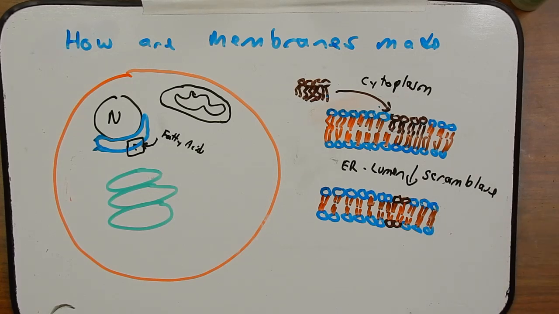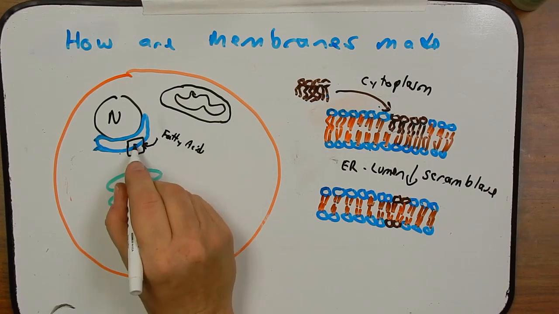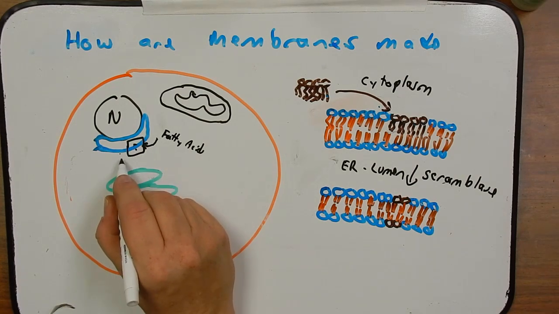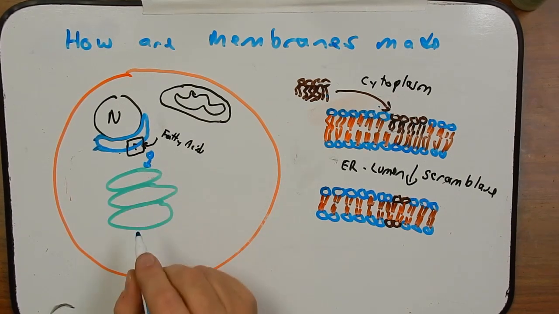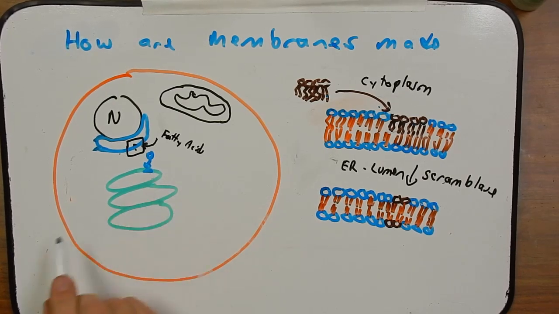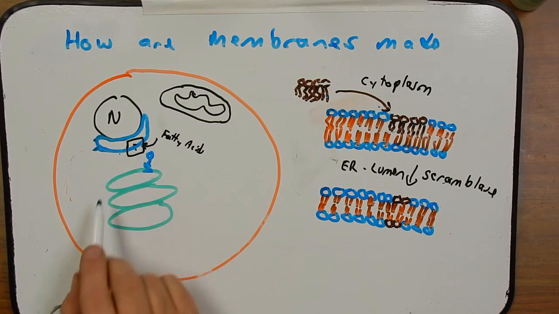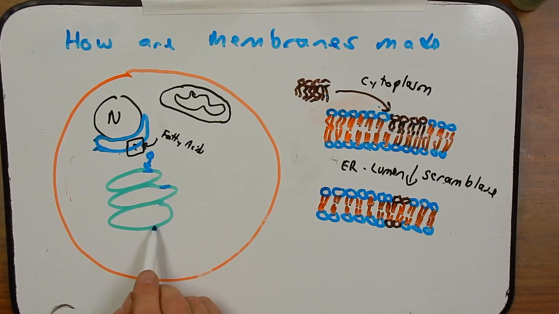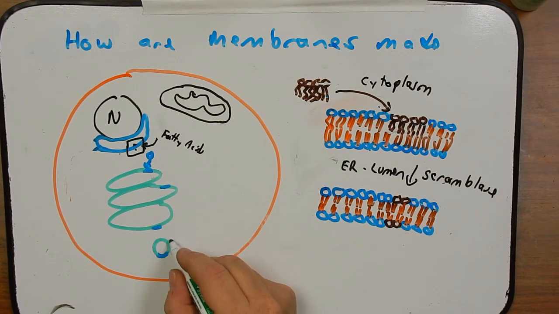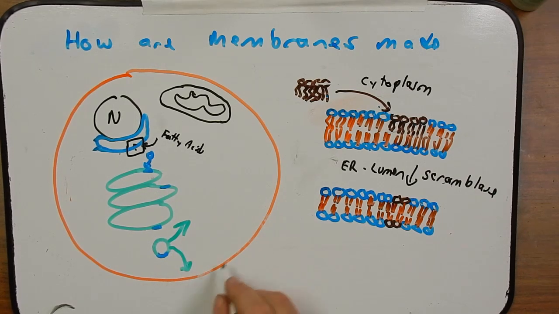However, we know, if we go back to this drawing here, that these membranes will get pinched off here and form a vesicle and get transferred here. And now on the Golgi, we will have some of the ER membrane. And at some point, this part's going to get perhaps pinched off, but it forms a new vesicle. Now this vesicle, it may have a destination to some part in the cell, or it may have a destination to the plasma membrane.